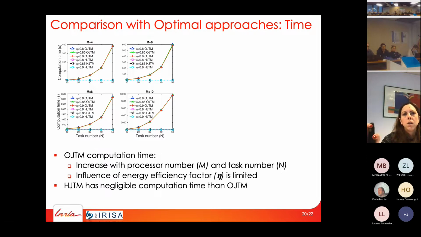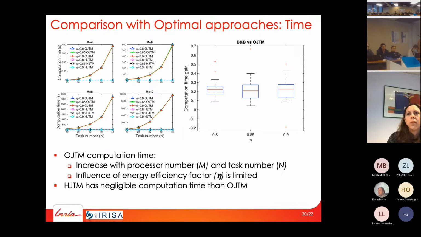For different m's and n's, overall we see that the time to converge for the optimal is highly affected by the number of processors and the tasks, but less affected, or not affected at all, I would say, by the energy efficiency factor. Whereas the time for the heuristic was not affected by n, m, or e, and it was much less than the optimal approach. And then we also compare the time for the optimal and branch and bound.